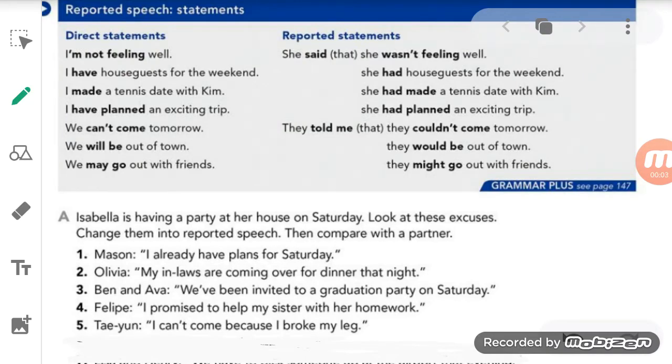Hello guys, in this video we are going to talk about reported speech, but in this case about statements. Remember, the topic yesterday was reported speech request. When we refer to a request, it's because we need to do an action or that we are asked to do something specific.